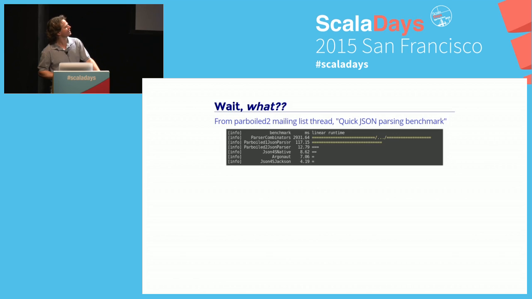I didn't look in the details of this benchmark, so I'm not sure exactly what's in it, but anyway, it takes forever. The parboiled1 parser was way better, and the parboiled2 parser is way better than that. And then these native things, and then Argonaut, and then Jackson. This is not an unusual thing to see for JSON parsing. You know, Jackson is pretty fast.